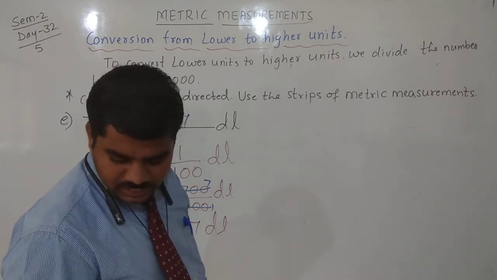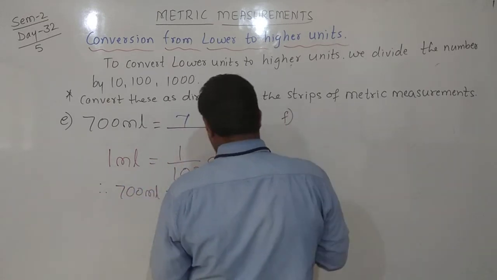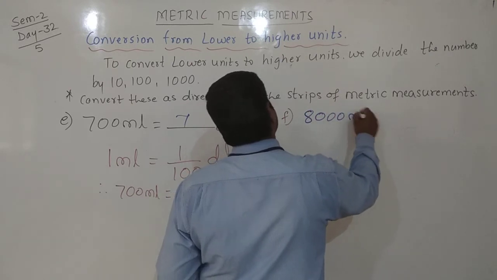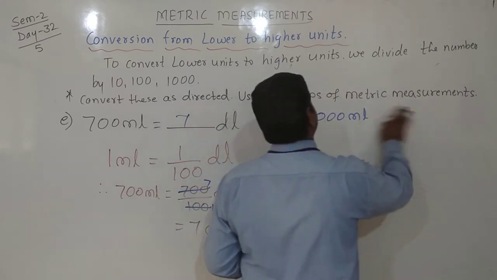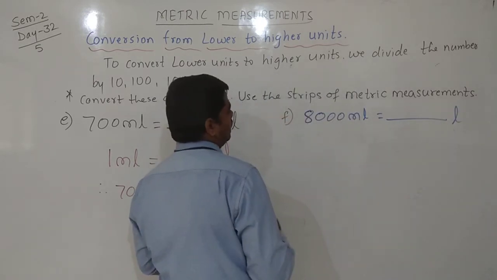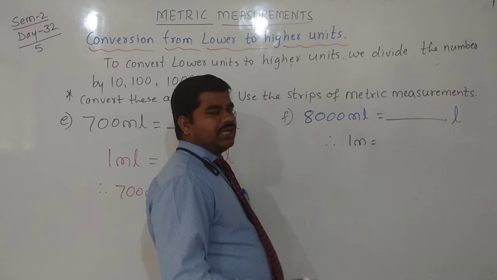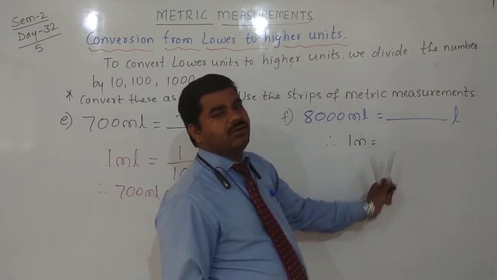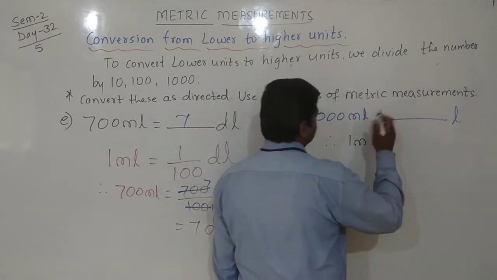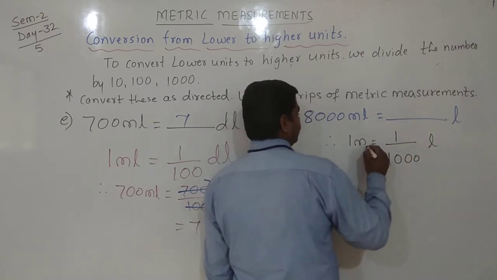F, 8000 milliliter to liters. Milliliter, centiliter, deciliter, and after that liters. So 1 milliliter is equals to 1 by 1000 liter, 3 places.